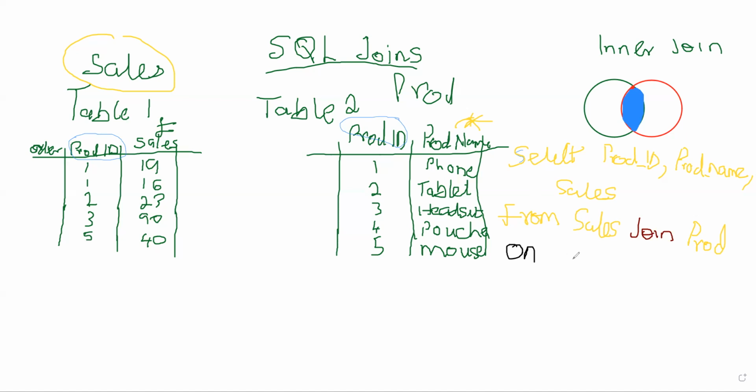We will say product ID for sales, equal to product ID for products. And this is all you need to do. What will happen?